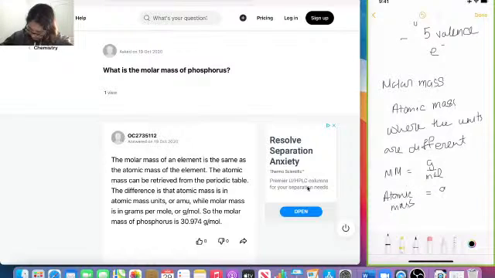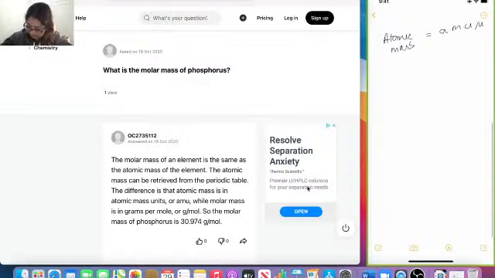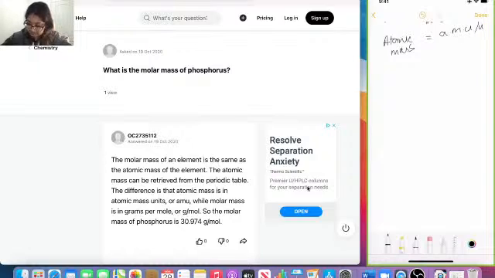You can get this from your periodic table, or you can calculate the atomic mass, which is actually the same thing. You just do number of protons plus number of neutrons. So you have 15 protons in phosphorus and approximately 15 neutrons, and you get an atomic mass of 30 AMU.